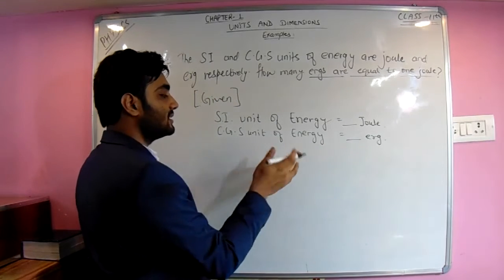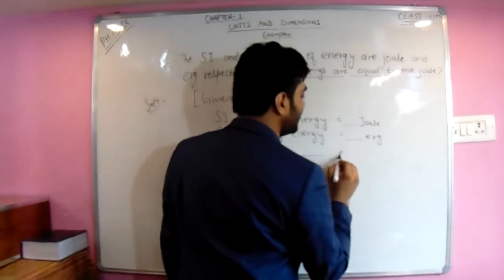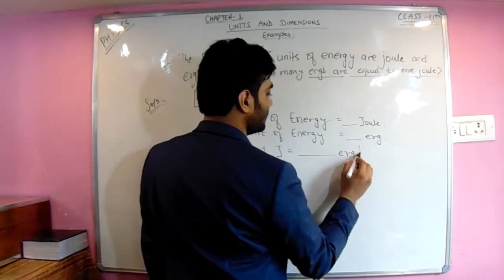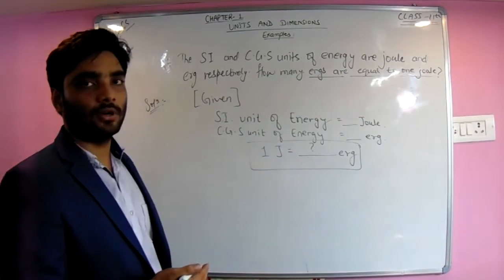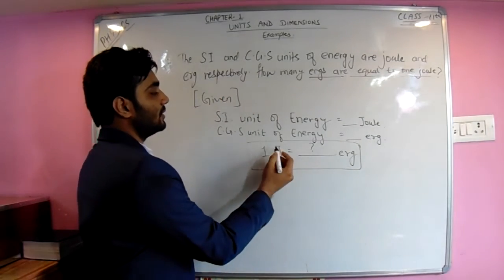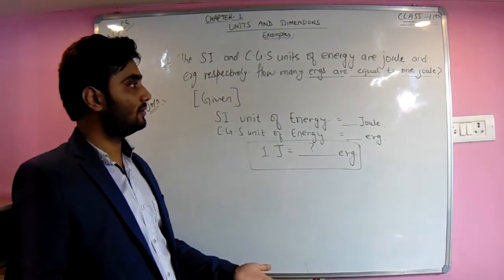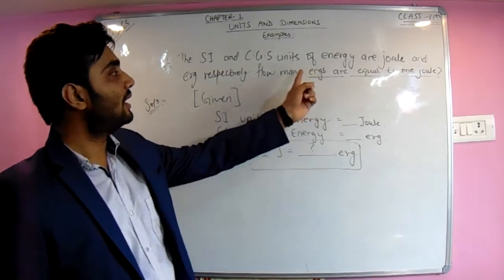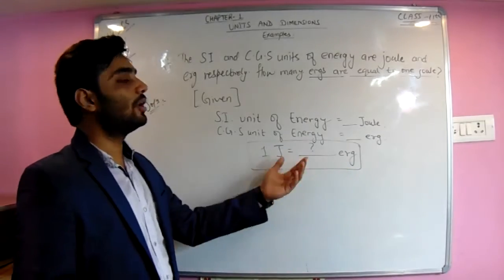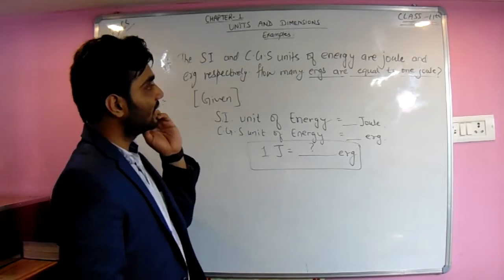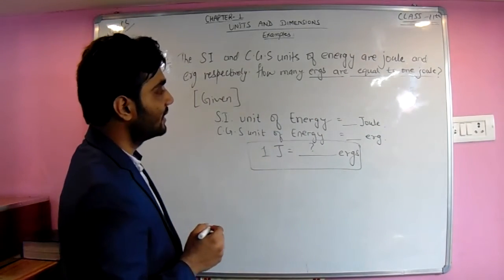Or reverse the question: 1 joule is equal to how many ergs? Here it is also kind of solved. How many ergs are equal to 1 joule, or 1 joule equal to how many ergs?